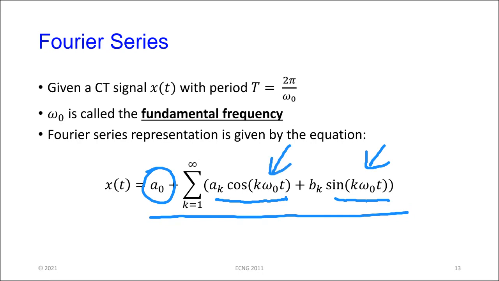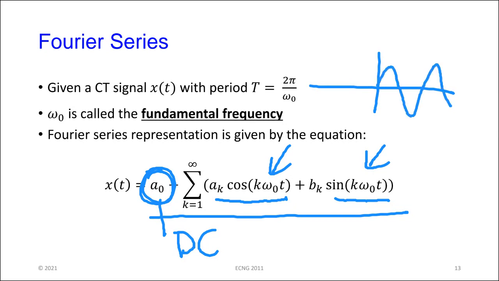So k is an integer, going to run from 1 to infinity. A0 is when k is naught. So this is the DC value. In other words, if the periodic signal has a DC value, and you know how that would look. If I were to draw a normal sinusoid, it looks like this.